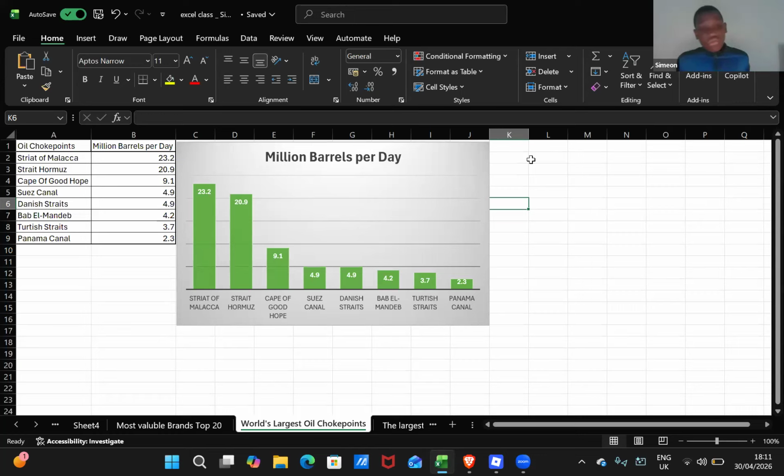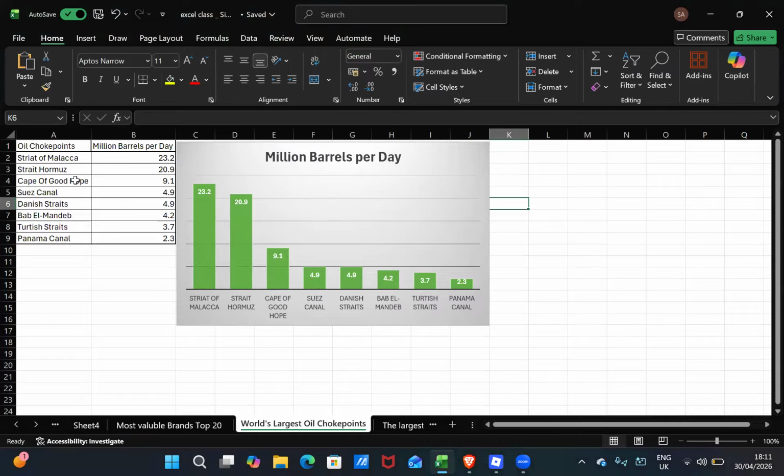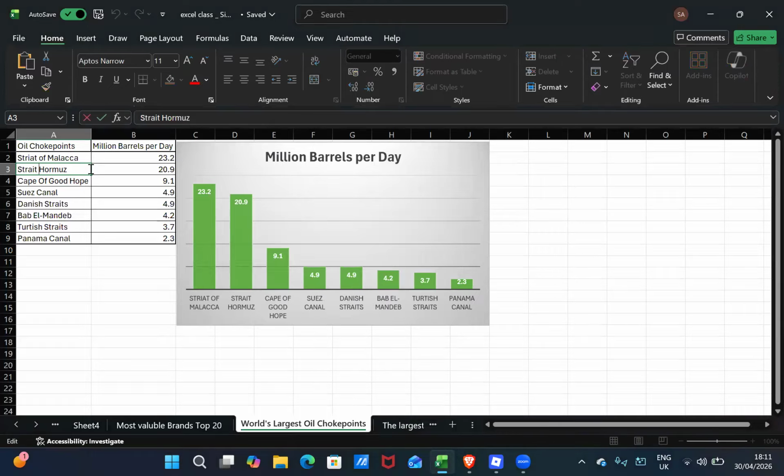Yes. Okay, so now for instance, that second highest one called the Strait of Hormuz. You left out the "of", so try and complete it. Type the "of" there. Okay, so Strait of Hormuz.